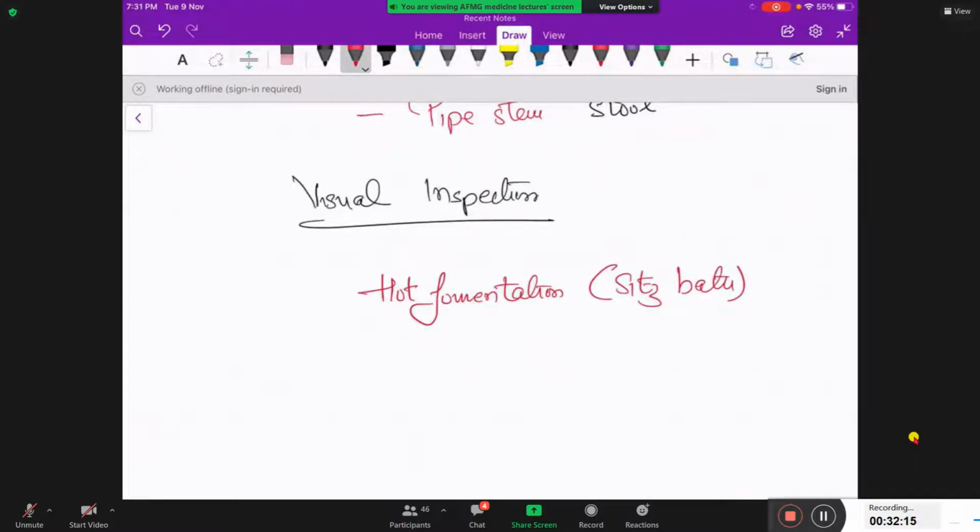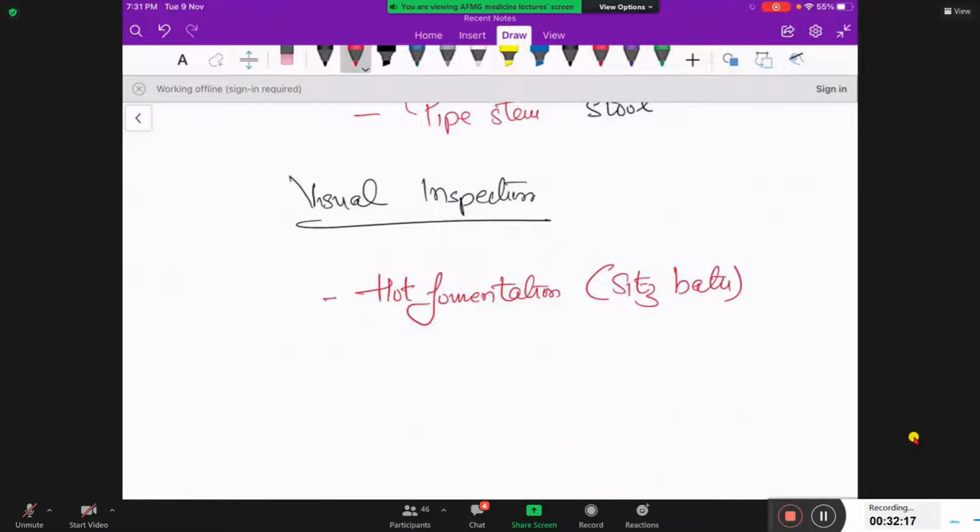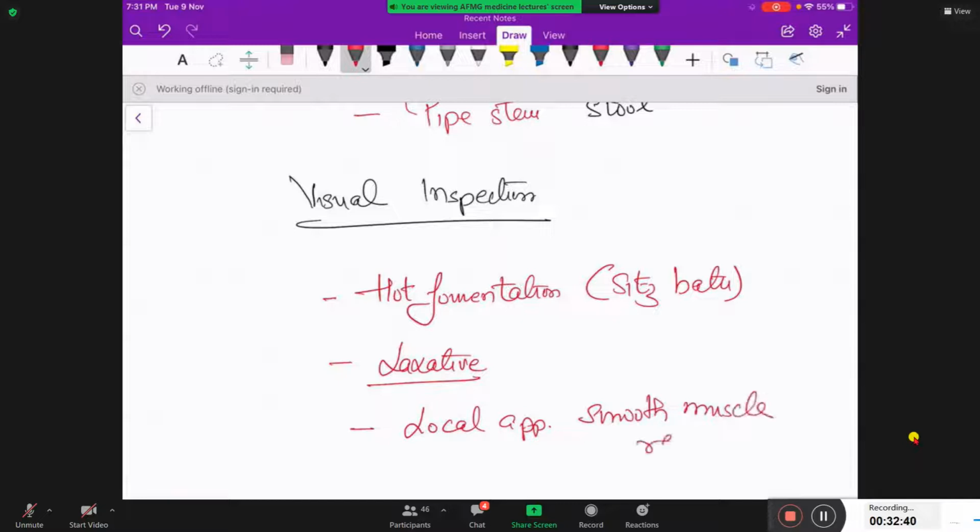Hot fermentation, warm water bath, and you should advise the patient laxatives. Again, stool softeners, right? Not bulk forming laxatives. And along with this, you should advise local application of smooth muscle relaxants.